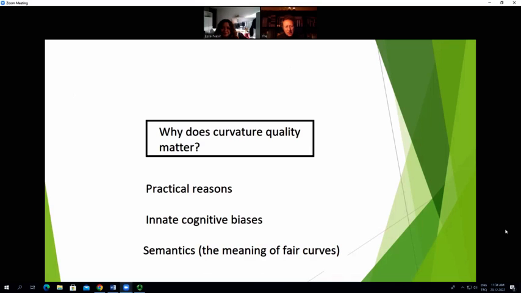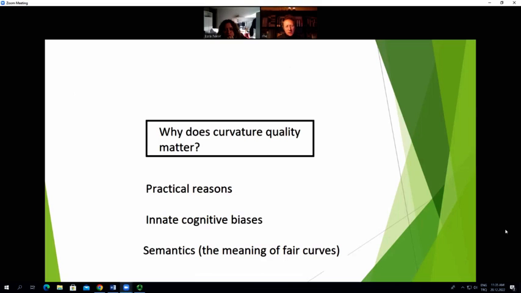And then as years have gone by, then we have semantics, which is the cultural meaning that is overlaid on top of the practical reasons and the innate cognitive biases that we bring with us. Semantics is where we develop cultural norms based on ultimately physical requirements. And that means that we expect industrial design objects to look a certain way because that's the way they all look.